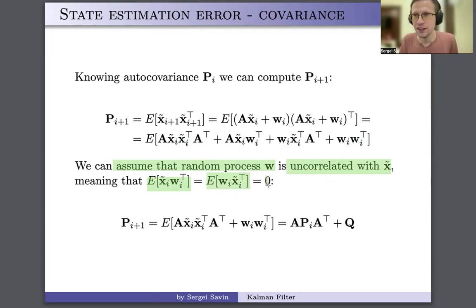We didn't look into cross-covariance like we looked at autocovariance, but covariance has a property: if two processes are not correlated, then the covariance is 0. And we can easily assume that our process noise does not depend on our state estimation error, that they are completely separate. So this is an assumption.